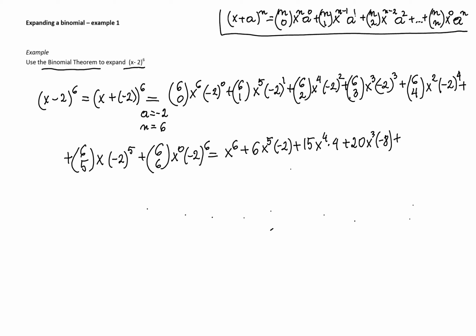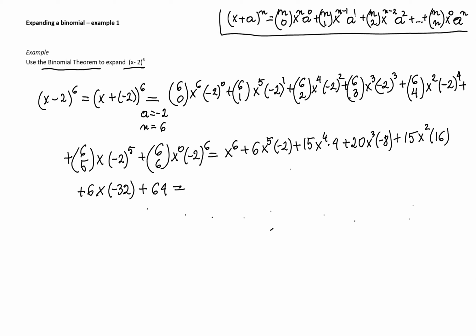The next term will be 6 choose 4, this is the same as 6 choose 2, and that's going to be 15, x squared times 16. And then we'll have a plus 6 choose 5 is 6, x, and negative 2 to the 5th is negative 32. And finally we have 6 choose 6, that's 1, x to the 0 is 1, and negative 2 to the power 6 is 64.